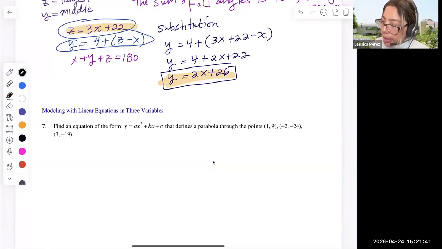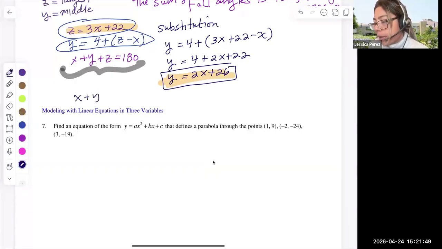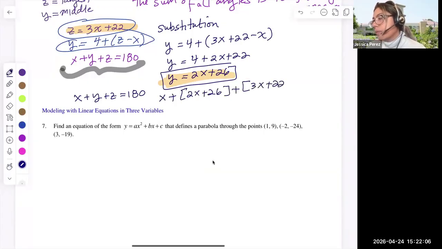So now I'm going to substitute into this equation. If x plus y plus z equals 180, I can use the substitution method again. So I have x plus y, which is in terms of x, so there's that substitution, plus z, which is also in terms of x, so it's 3x plus 22.